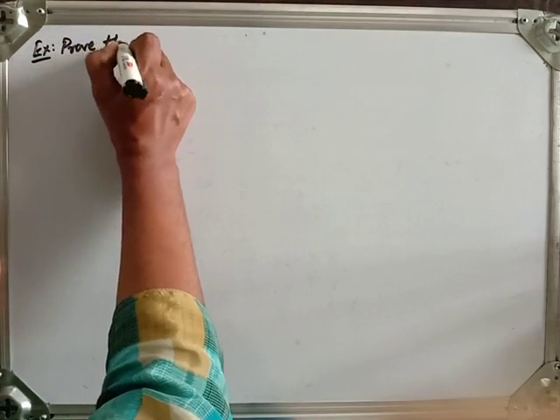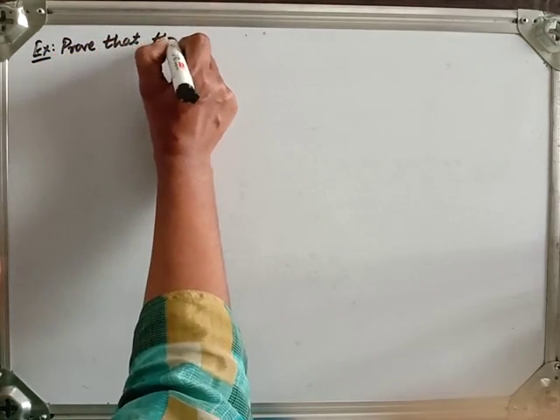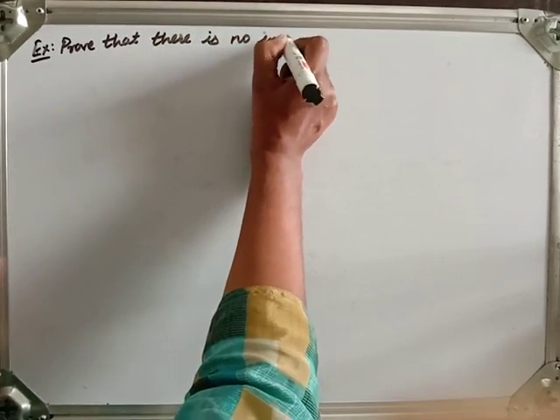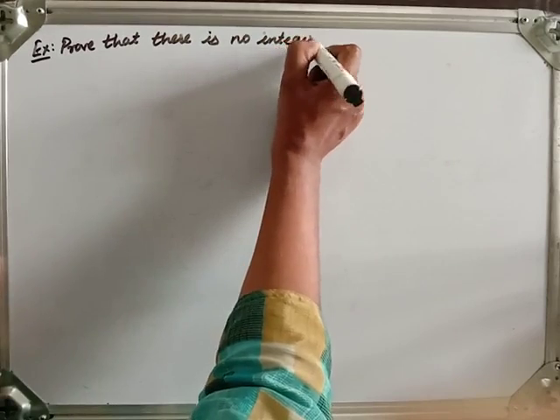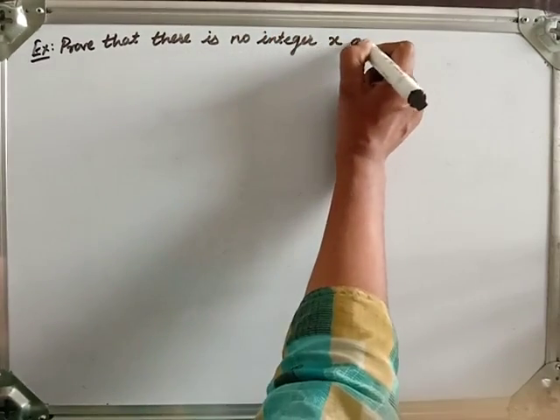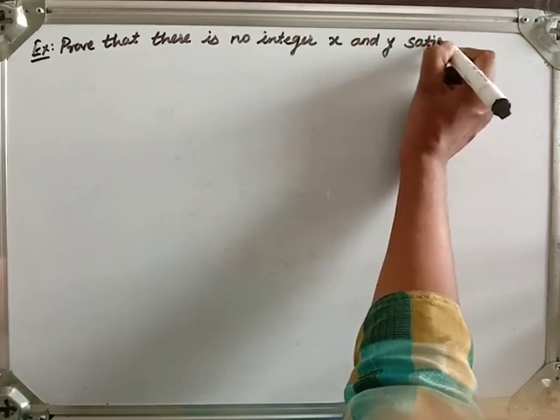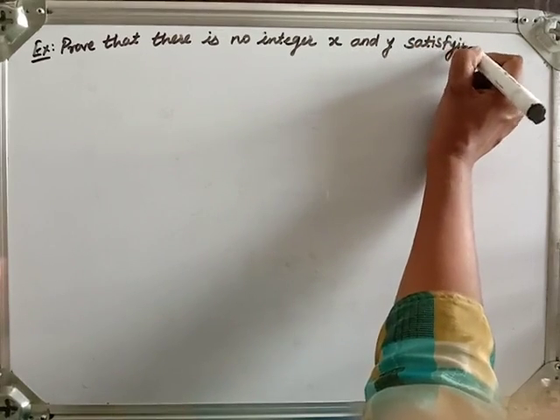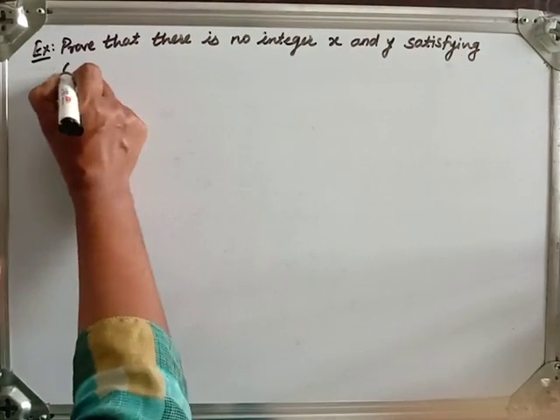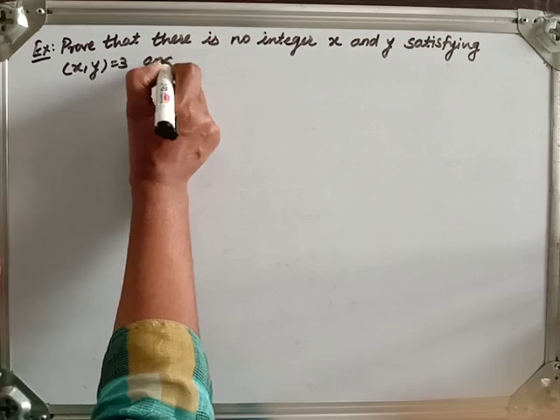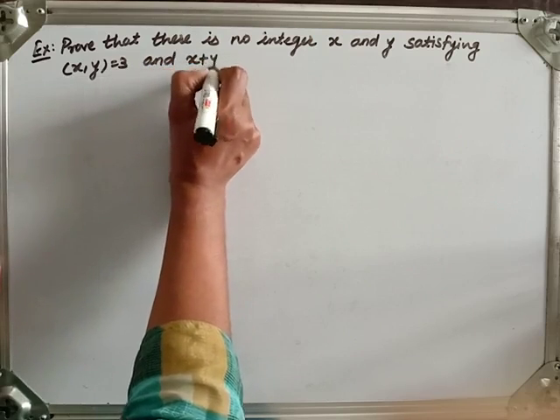Prove that there is no integer x and y satisfying the GCD of x and y is 3 and the addition of x and y is 100.